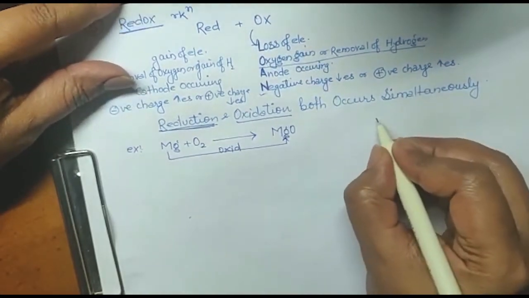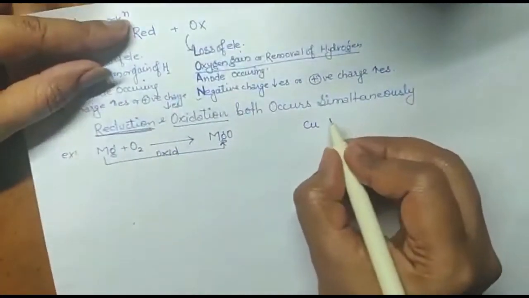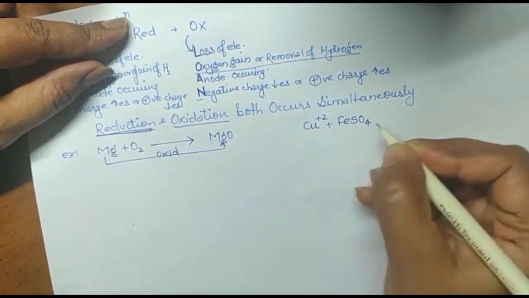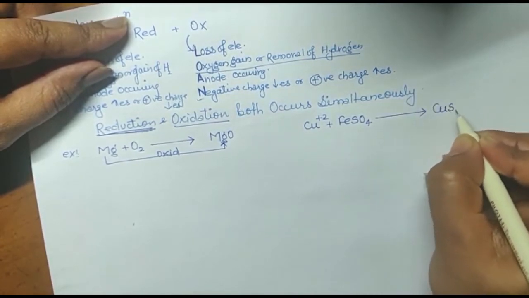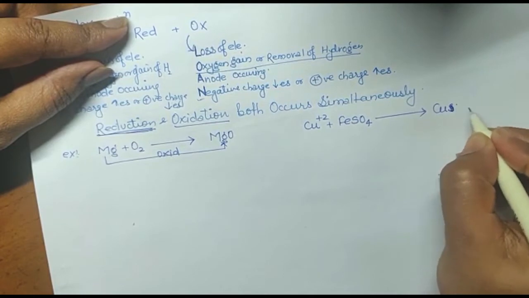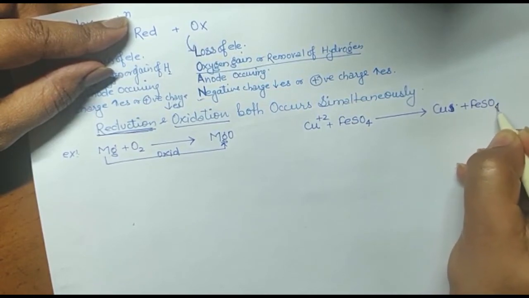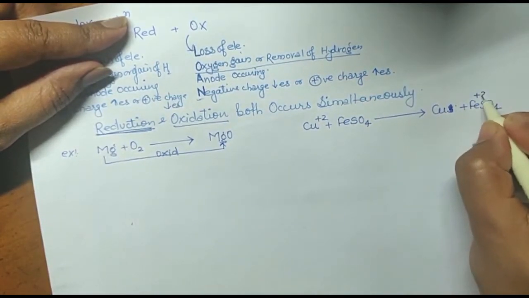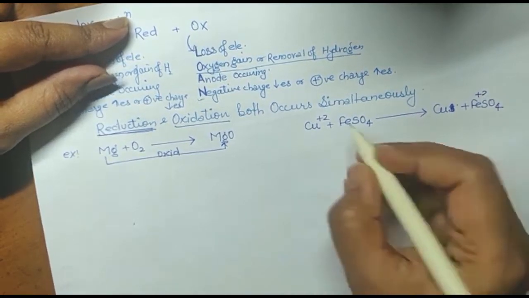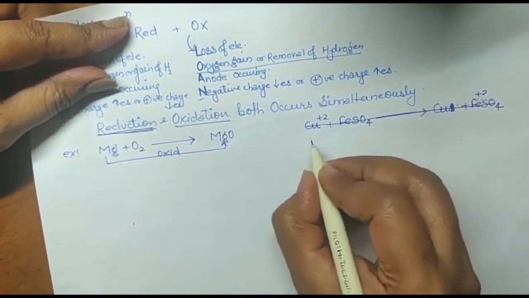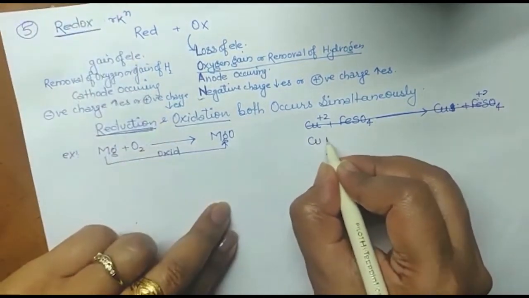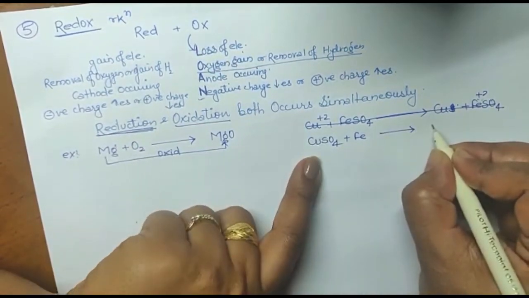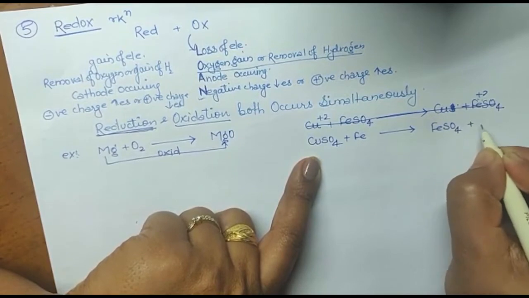Another example: Cu plus FeSO4 changes into CuSO4 plus Fe. Sorry, this reaction is wrong. It should be CuSO4 plus Fe changes into FeSO4 plus Cu.